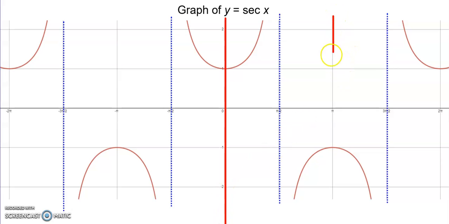Actually, we're going from 0 to pi, so we're looking at this much. Don't be pi over 2 because that's where the asymptote is. That's where we cease to exist. So we're looking at this portion that we're going to find the inverse of and this portion that we're going to find the inverse of.